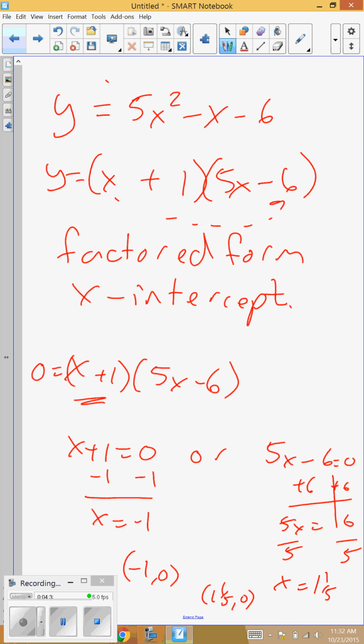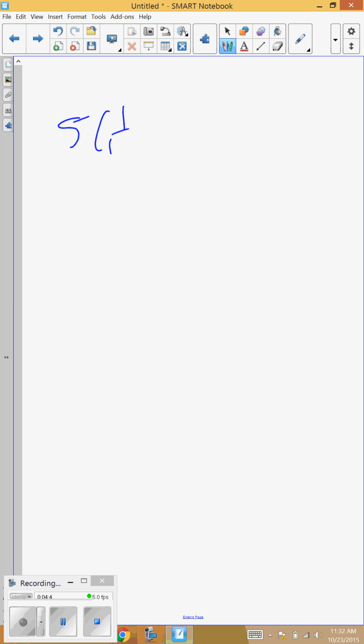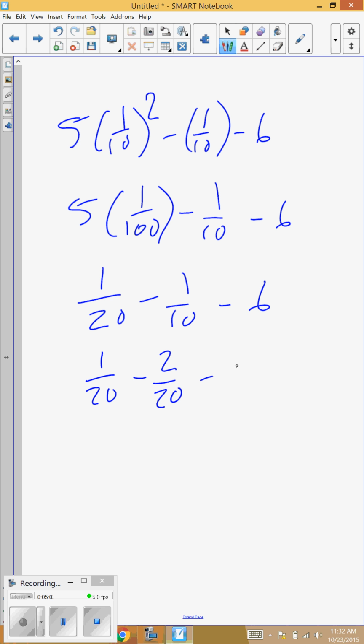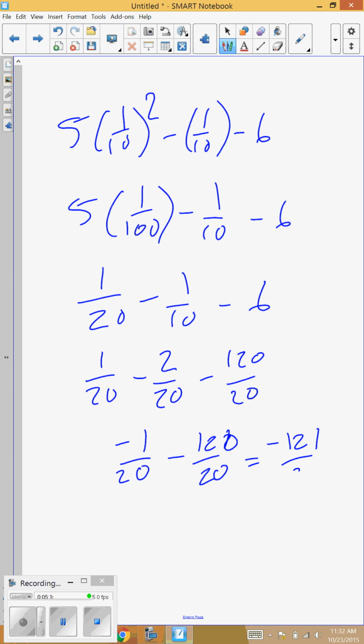Let's do that. So I've got 5x squared minus x minus 6, or negative 6 and 1/20th.